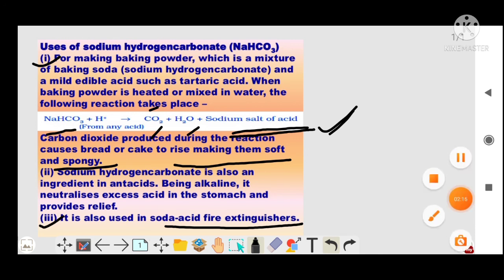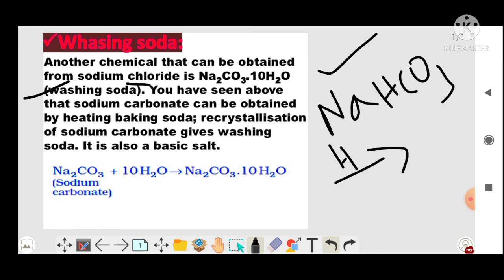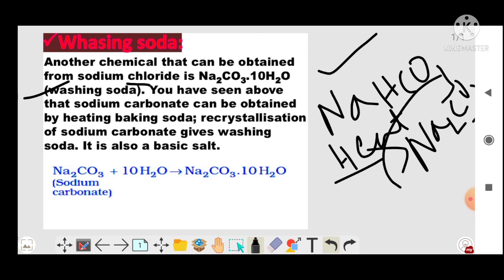Okay, next, coming to washing soda, another chemical that can be obtained from sodium chloride. Its formula is Na2CO3.10H2O, that is washing soda. You have seen that sodium carbonate can be obtained by heating baking soda. Baking soda is NaHCO3; heating it produces Na2CO3, sodium carbonate.